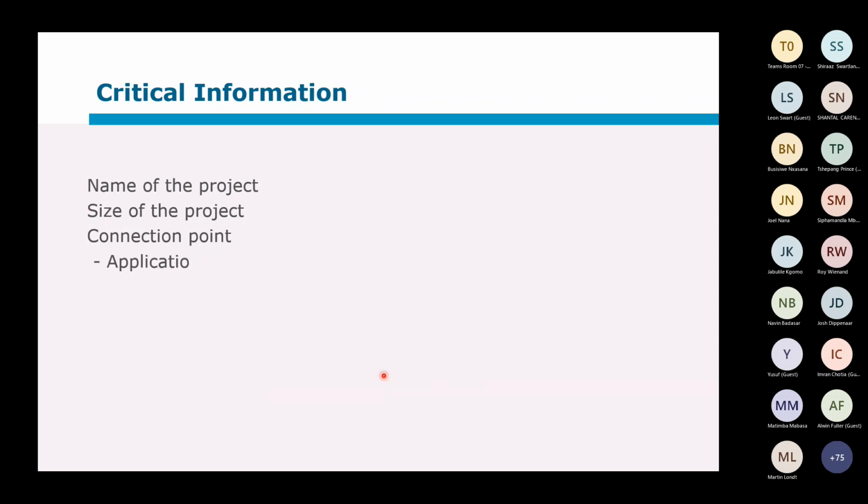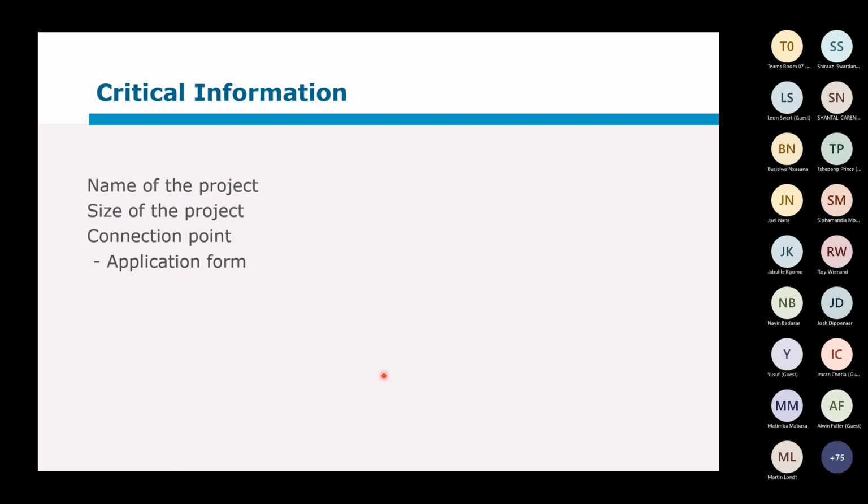So the critical information that you need is obviously the name of the project, size of the project, connection point, and pretty much everything that was in the application form. So you can just double check the application form and see if there's anything that's important for the specific application.